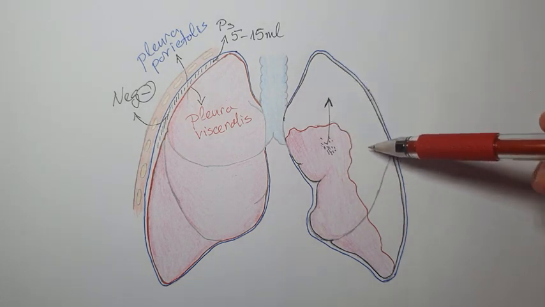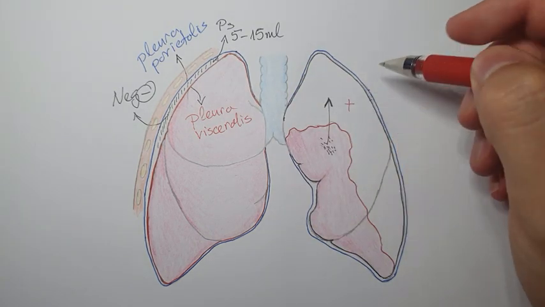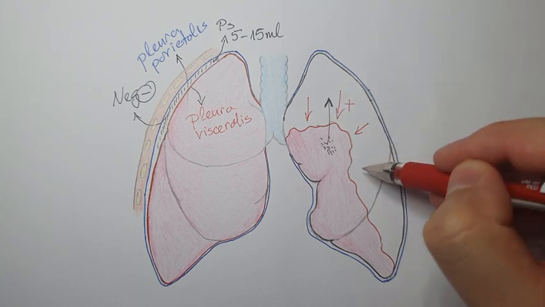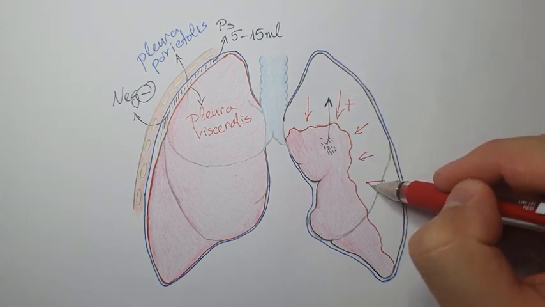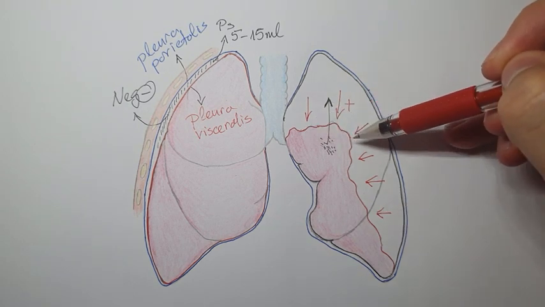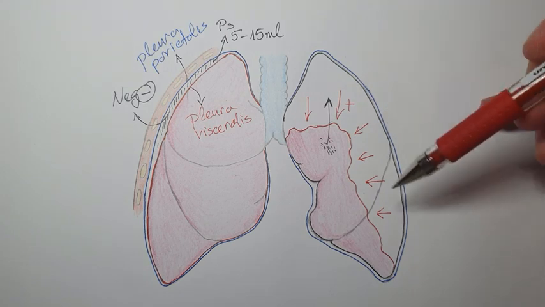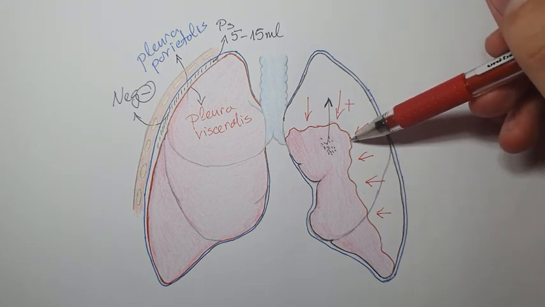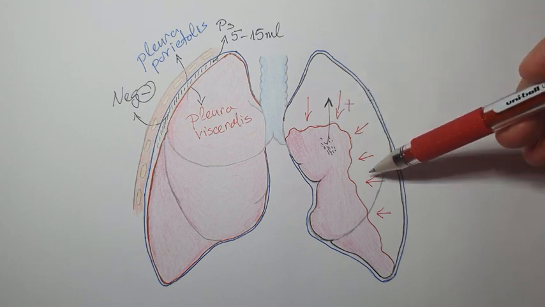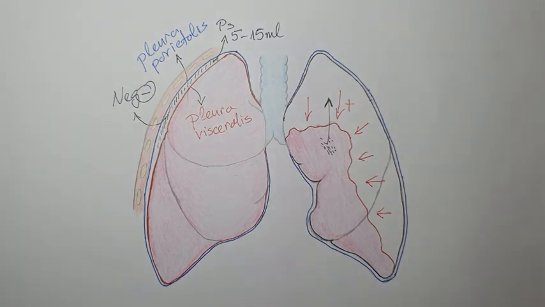Once air is in the pleural space, the negative pressure is lifted and becomes positive, and it starts compressing the lung and collapsing it. The line of the visceral pleura is not seen on X-ray, but it can only be seen once we have a pneumothorax that collapses the lung. So that is very important in this case.